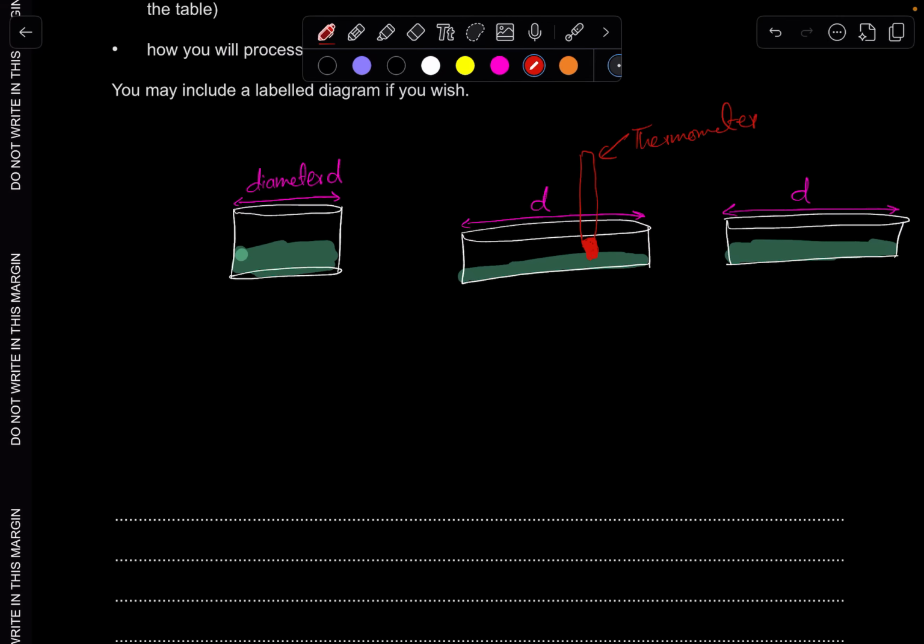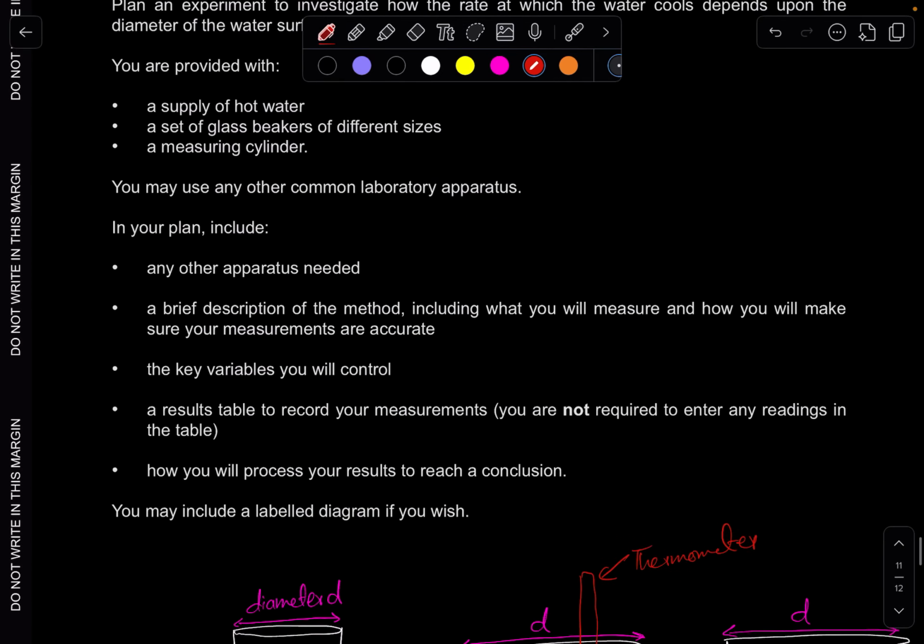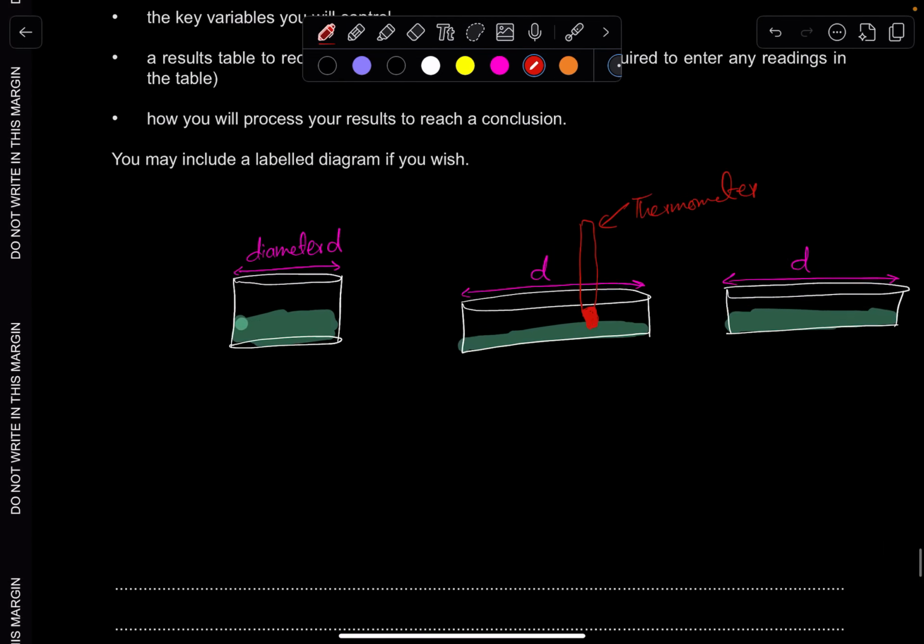When you are noting down the cooling rate, you need the time as well. So how can we plan what we are going to need? We have to measure the diameter, we have to measure the temperature that is decreasing, and we have to measure the time.